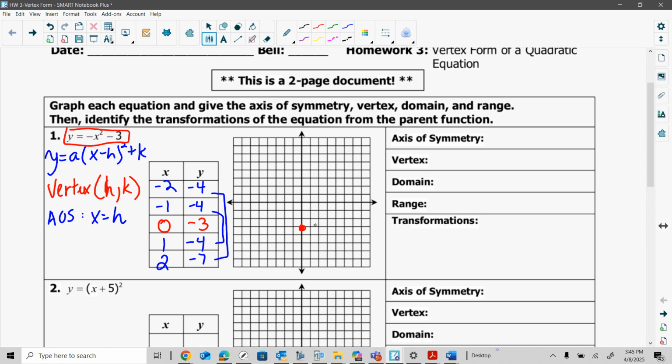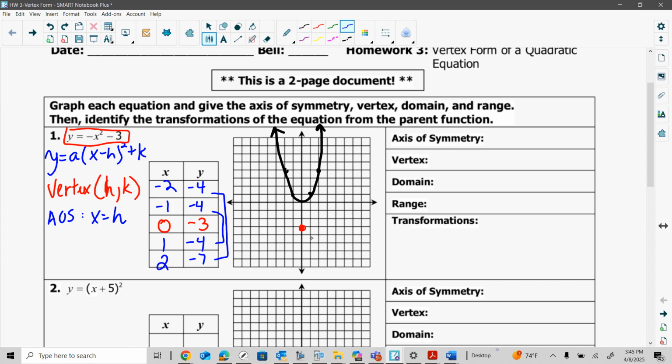I'm going to go ahead and graph the parent real quick. Oh, it comes off the graph, so let me just do this. The parent goes through the origin like so.